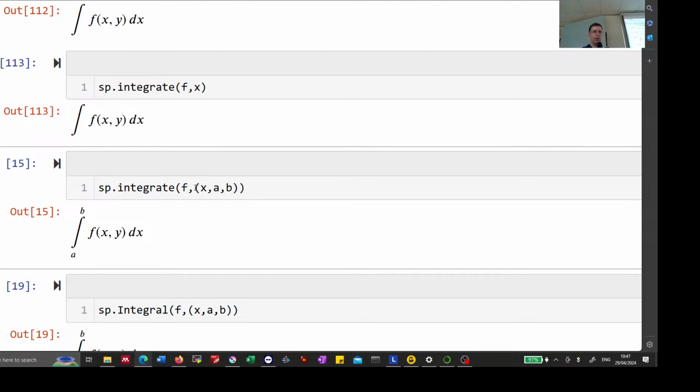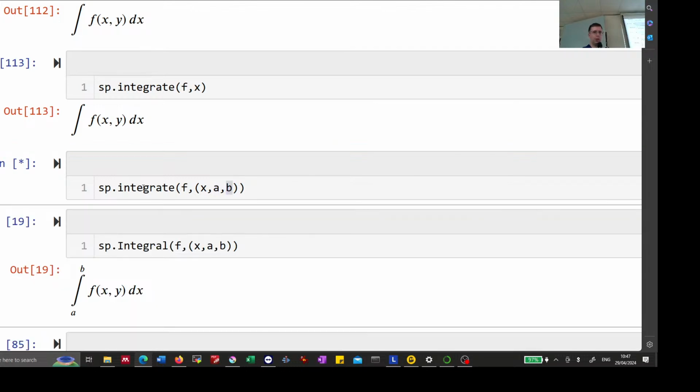We can extend the syntax by giving a tuple as the second argument. Here we have a variable and then integration boundary start and integration boundary stop.